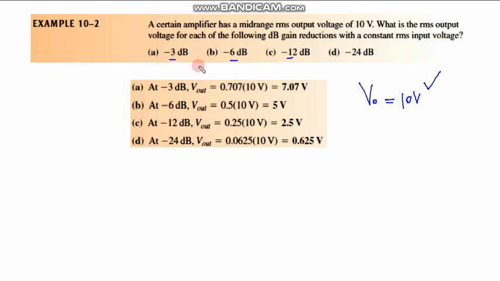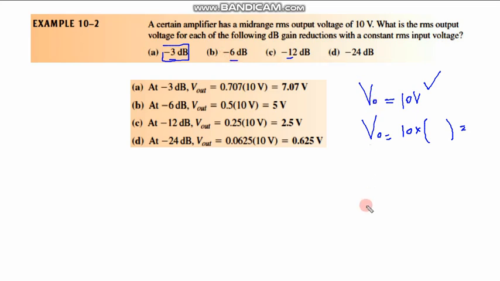So again I repeat, we want to calculate a certain ratio which corresponds to this minus 3 dBs. When we compute that ratio, 10 times that ratio would give us the change in the voltage. And similarly for part B, part C, and part D.